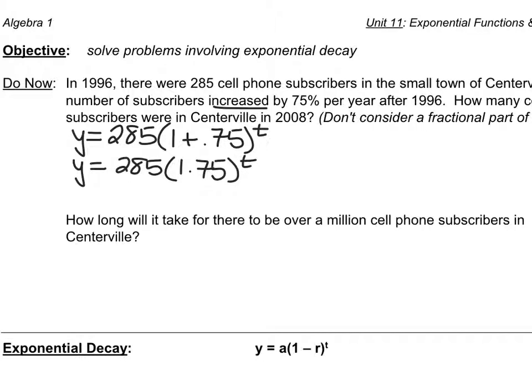Ultimately, we're looking for the amount of subscribers in 2008, which is how many years after 1996? 12. All right, so we're looking at y of 12, so 285 times 1.75 to the 12th power.